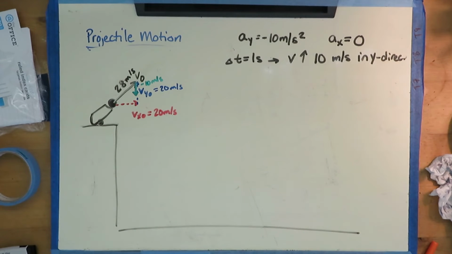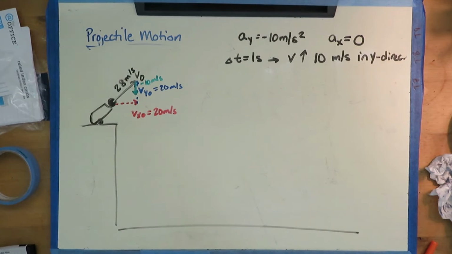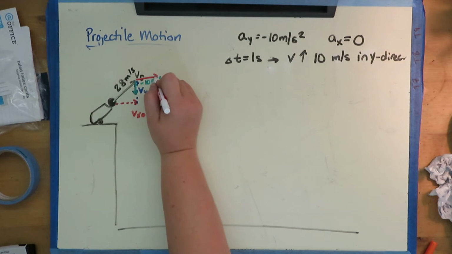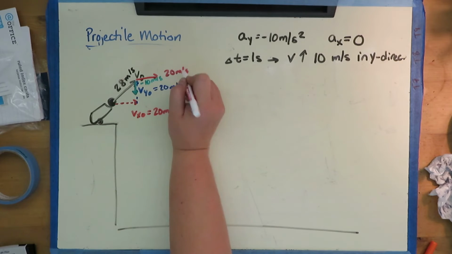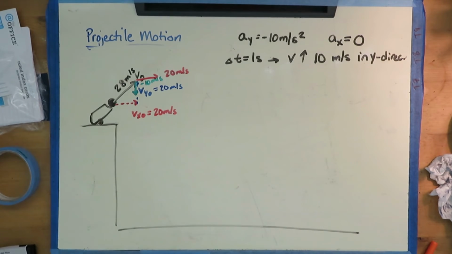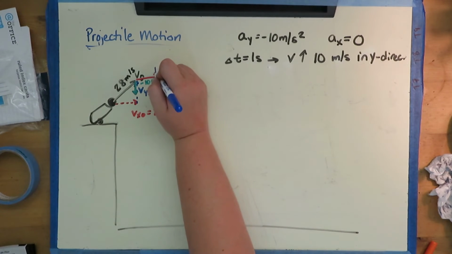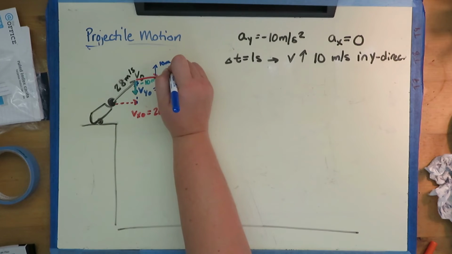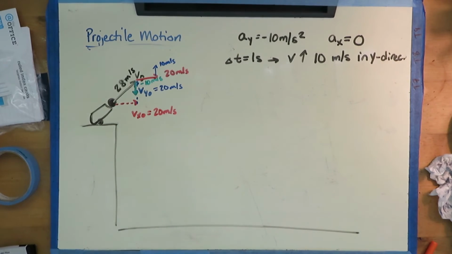So at the next instant in time, it still traveled 20 meters per second to the right, but now it's only going at 10 meters per second vertically, because I was going 20, but I slowed down by 10, so now I'm going 10 up.